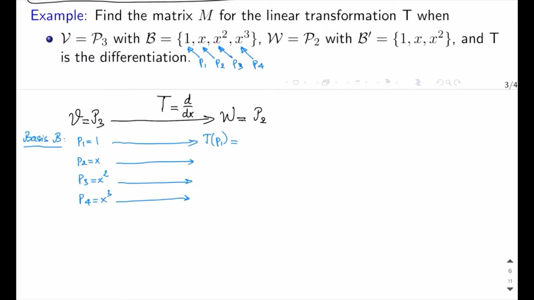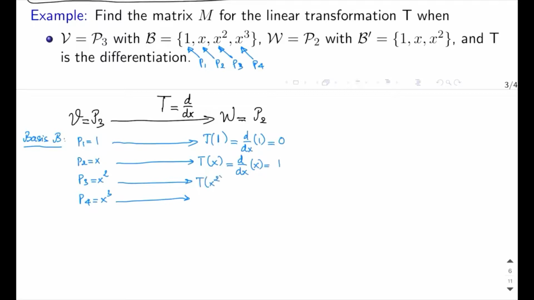Well, that means T is just like d/dx. So if you differentiate p1, or T of 1, it's like you take the derivative of 1. And that's of course going to be 0. T of x is going to be the derivative of x, and of course that's going to be 1.